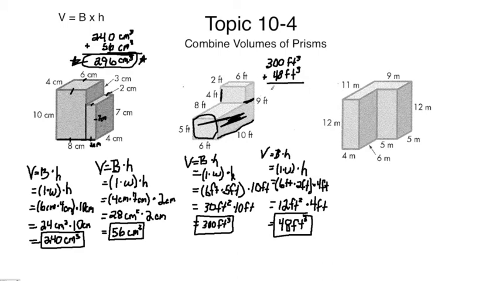Now we add: 348 feet cubed. And I'm going to circle and star my answer. And so the total combined volume of this shape is 348 feet cubed.